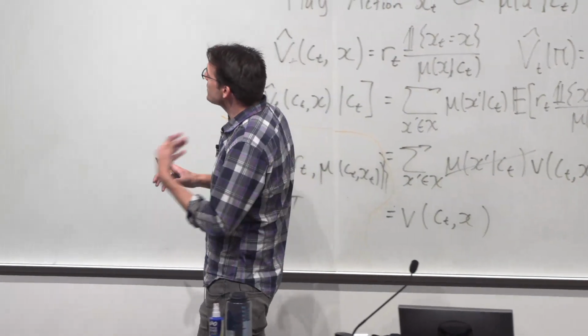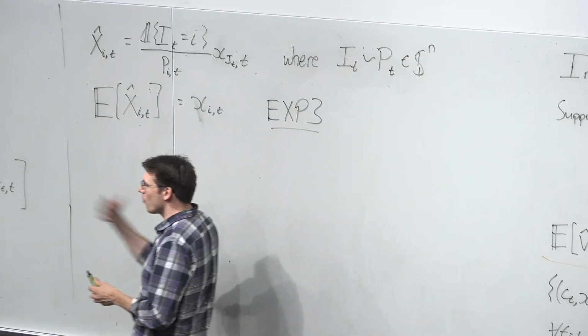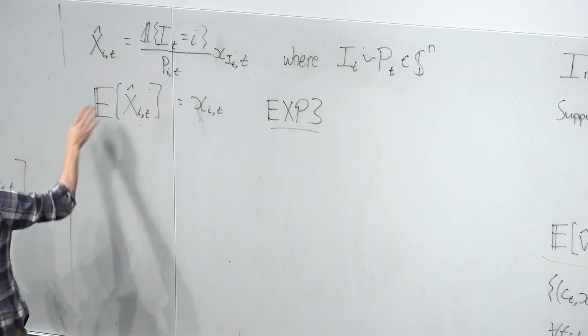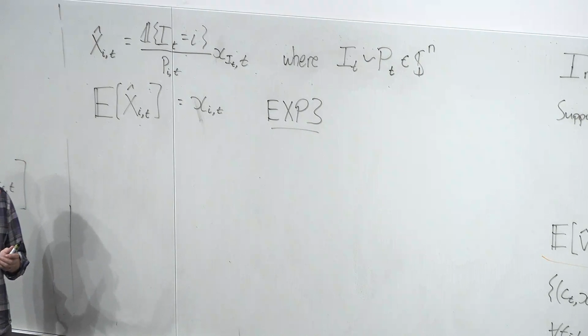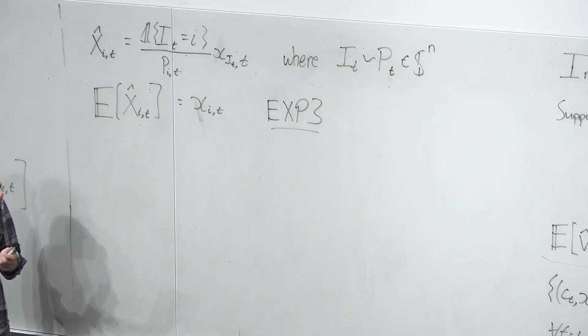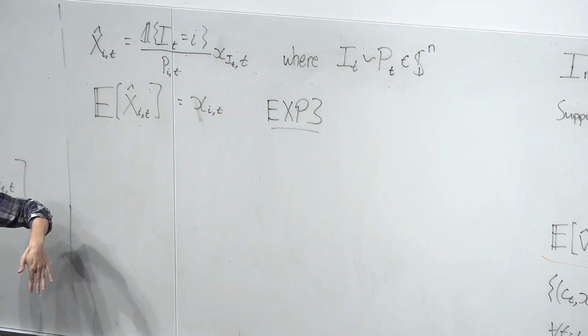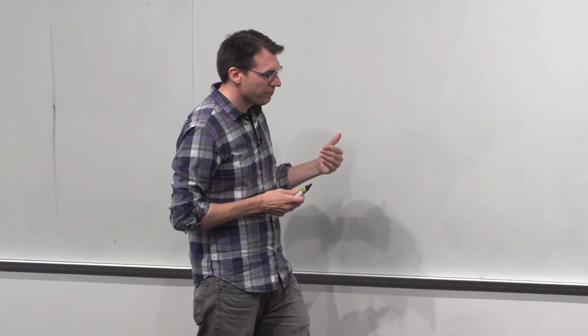And what it does is it maintains a distribution p_t. And if the action you play gets a reward of 1, then basically using these importance sampling estimators, you're going to boost the probability on that action. And if you get a 0 or a small reward on the action that you played, you're going to decrement the weight on that action.